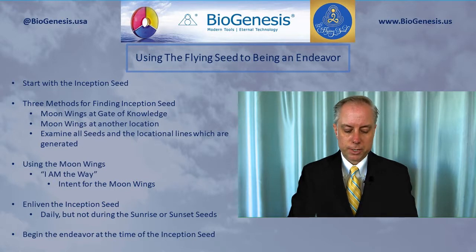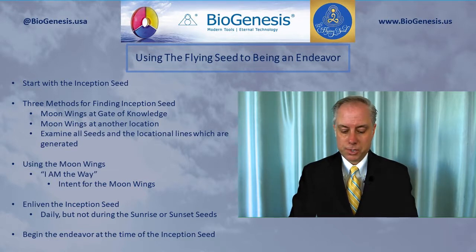The seed of inception is the I of the form. And in enlivening this seed, we enlighten the form which is to come. Inception contains fullness. Enlivening the inception seed will bring light to the fullness of form.